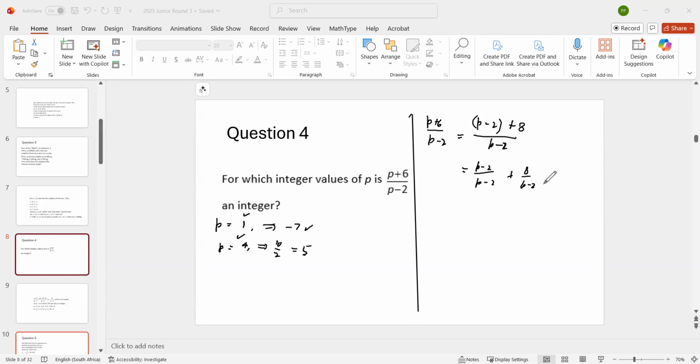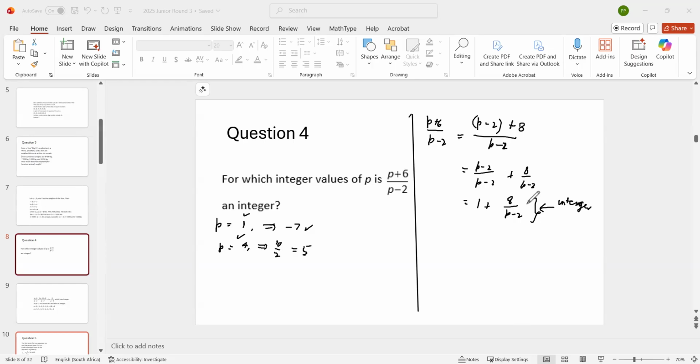And you want this to be an integer. All right, so 1 is already an integer. So in other words, this part here is an integer. Eight over P minus 2 is integer.